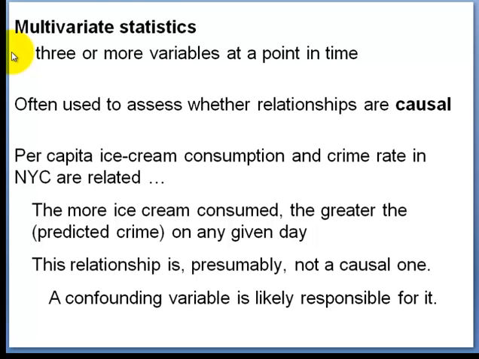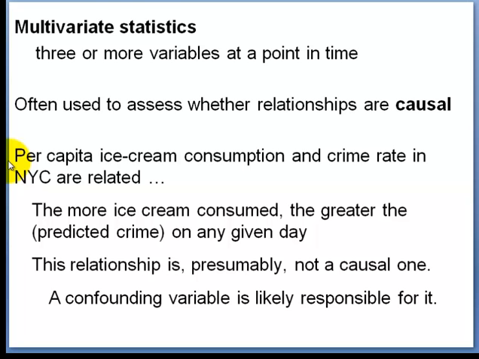A key use of multivariate statistics is to begin to examine the question of whether a given relationship is a causal relationship. Let's look at an example of a relationship that is not a causal relationship.